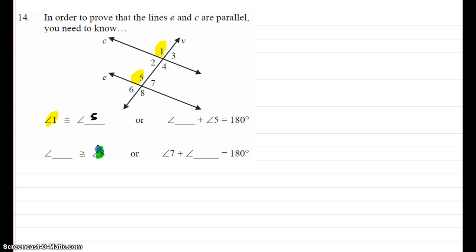When angle 8 is congruent to angle 4, that means the lines are going to be parallel because of the corresponding angles. So 1 and 5 and 4 and 8, both of these are an example of corresponding angles. If the corresponding angles are congruent, then the lines are parallel.